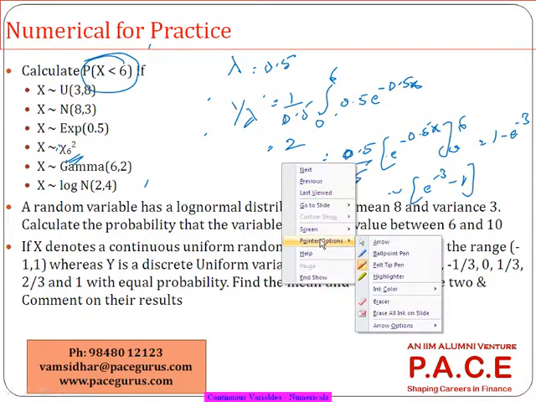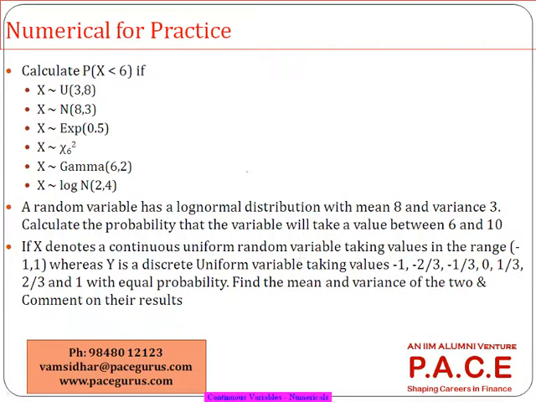But let's look at log normal. Easy to do. If I am saying log normal with 2 and 4, what is the intention for me? Here, x is actually a log normal distribution. So log x will be a normal distribution.